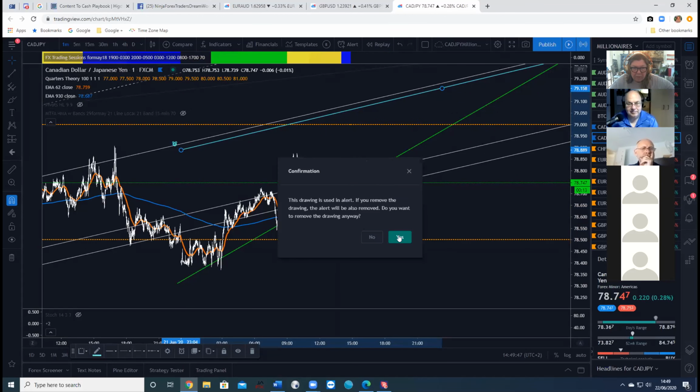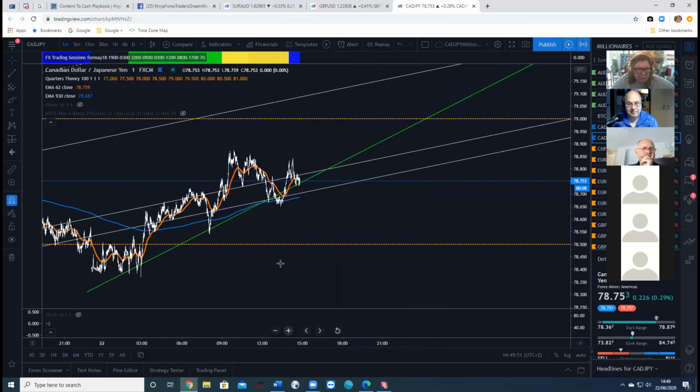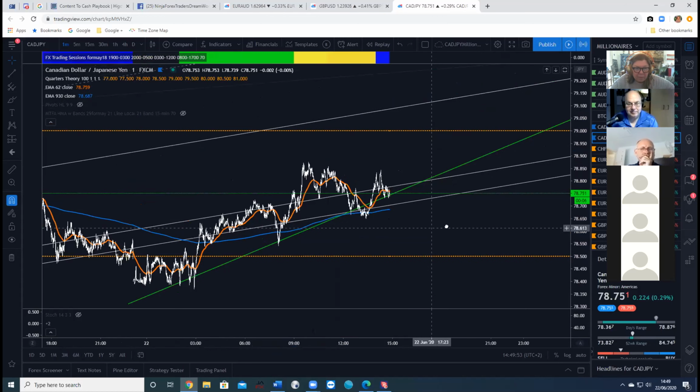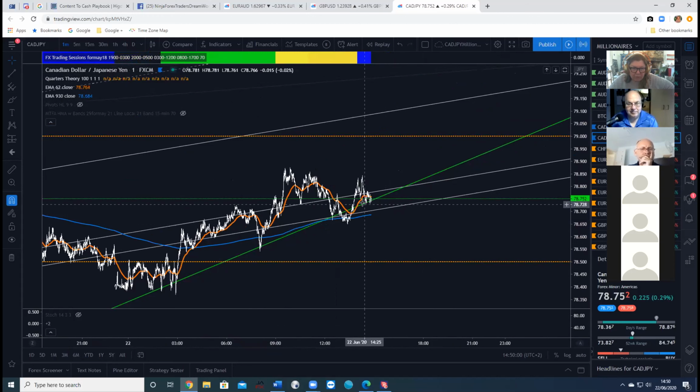Remove the alert. One less line for us to look at. So we've got the orange above the blue for a buy. We've got it just coming up. You wouldn't want to get into it until it comes above 78.780, something like that.